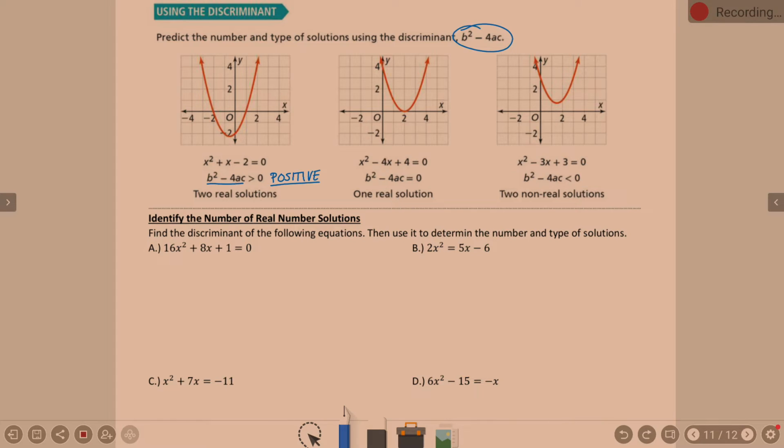So if your discriminant is positive, what it tells me is there are going to be two real solutions, because there are two places where my graph crosses the x-axis. And those are my two solutions. Now, they could be rational, they could be irrational. And we'll talk about that as we go through these.